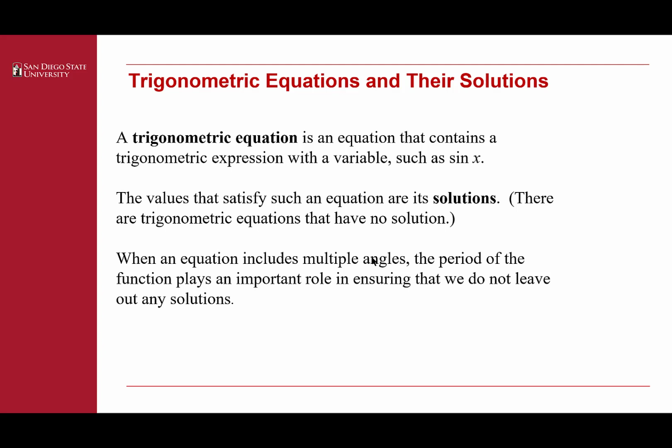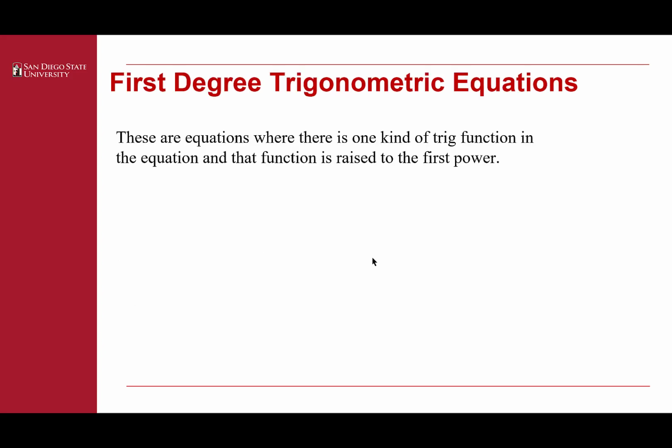When an equation includes multiple angles, the period of the function plays an important role in ensuring that we do not leave out any solutions. There are equations where there is one kind of trigonometric function in the equation, and that function is raised to the first power.